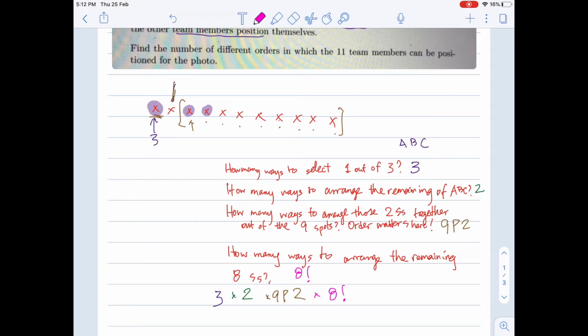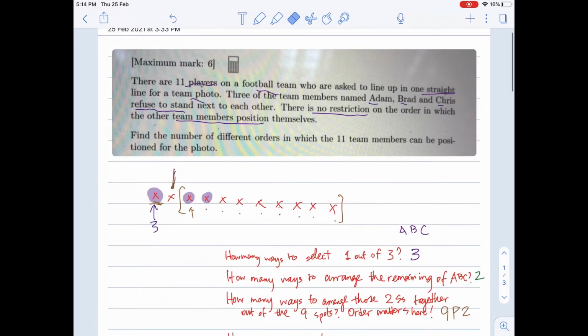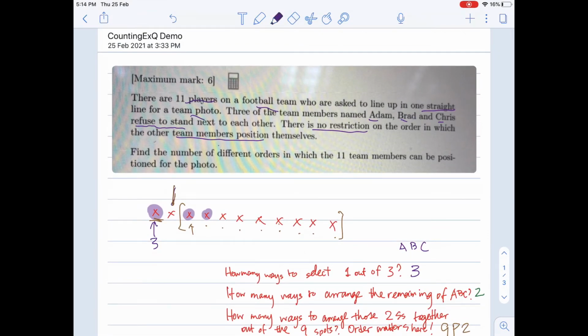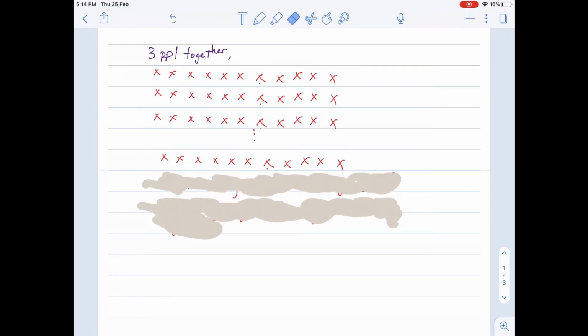So we have set up the expression for finding the number of ways that 2 of the 3 players will be together. To complete the discussion, let us also find some other ways that can violate this rule. The rule is, again, they refuse to stand next to each other, so they cannot be together. So let me draw those players, different scenarios.